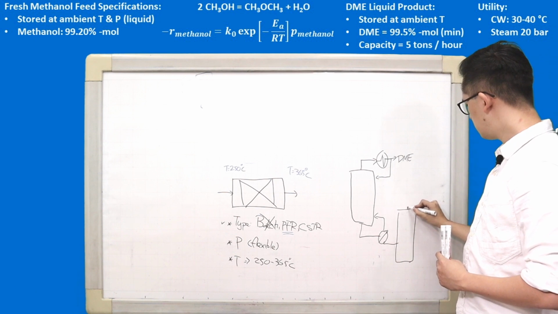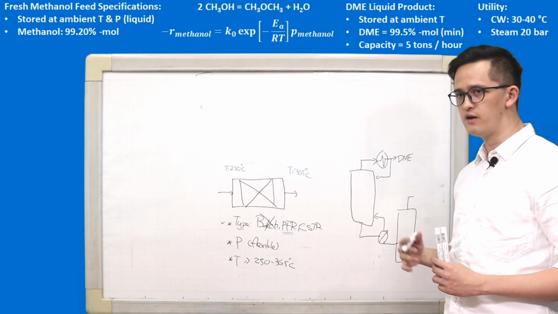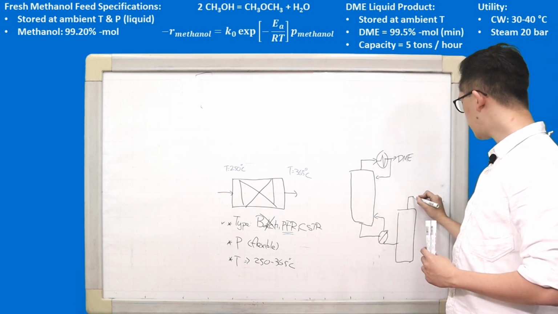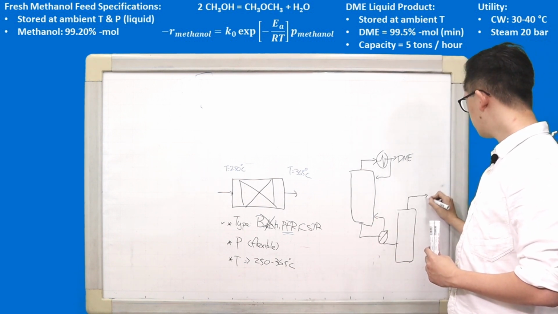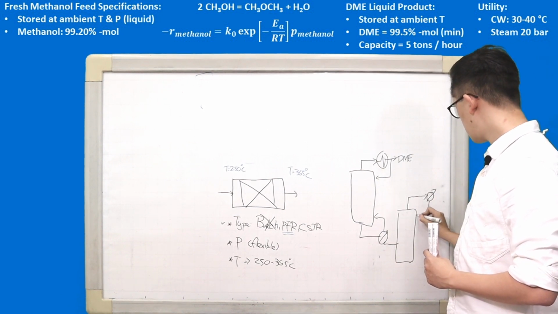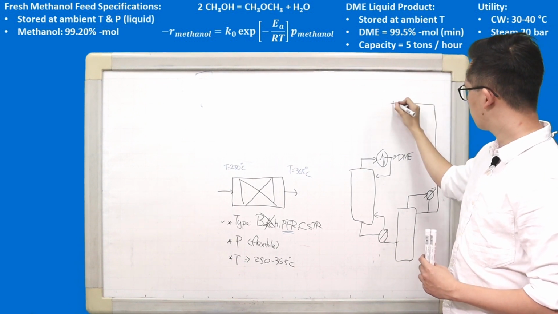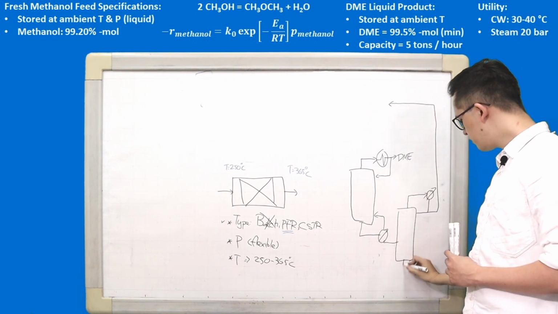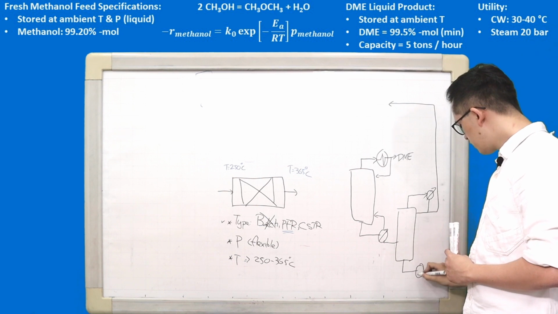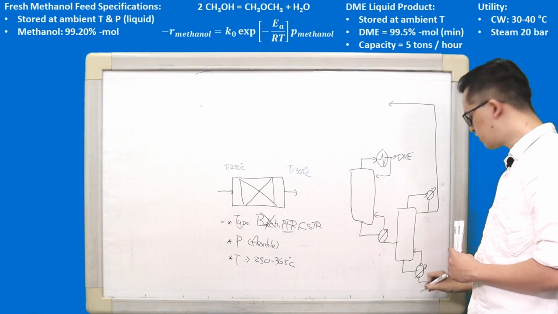Okay, now remember the order. Methanol is lighter than water. In that case, we will have the unreacted recycled methanol at the top of second column, while we have the water as a side product from the bottom of the second column.